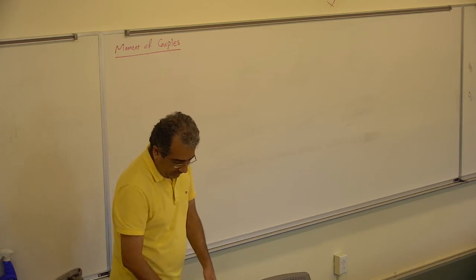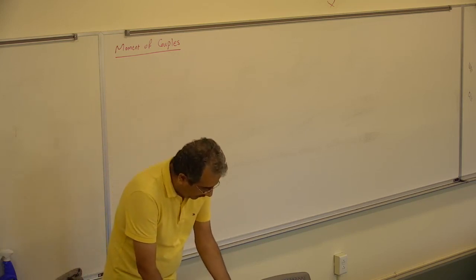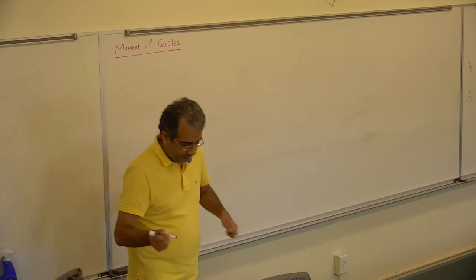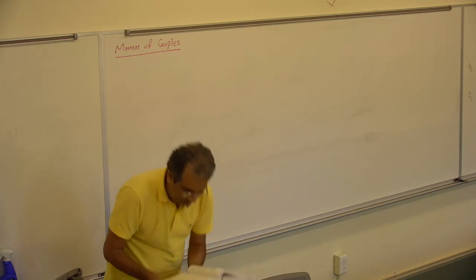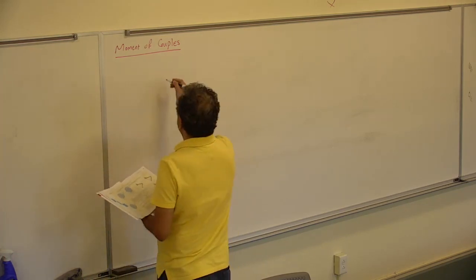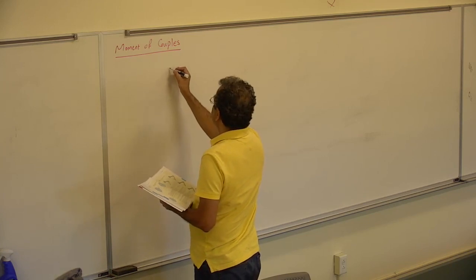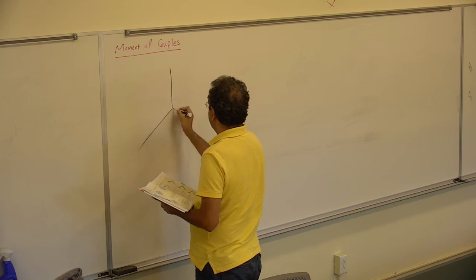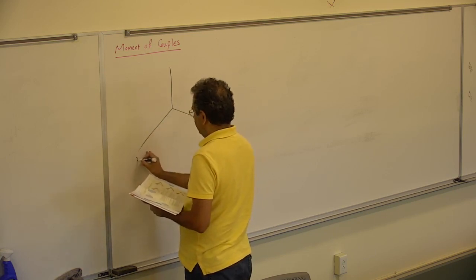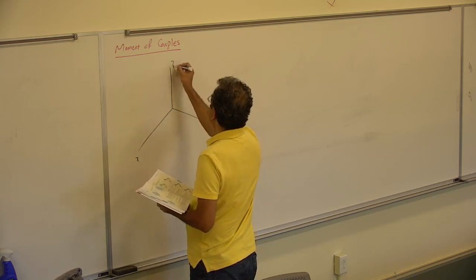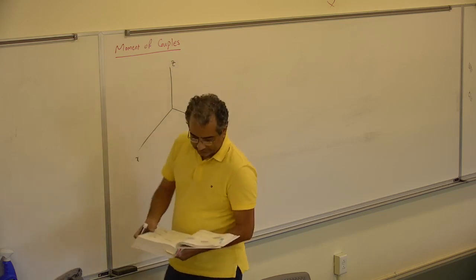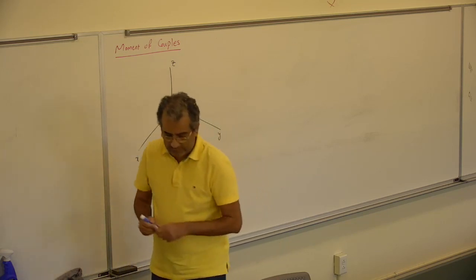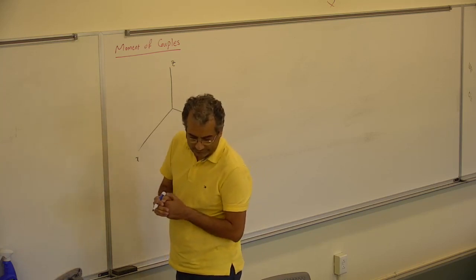So let's also look at the 3D problem. So if you have the x, y, z, and then we have an object going in the x direction.